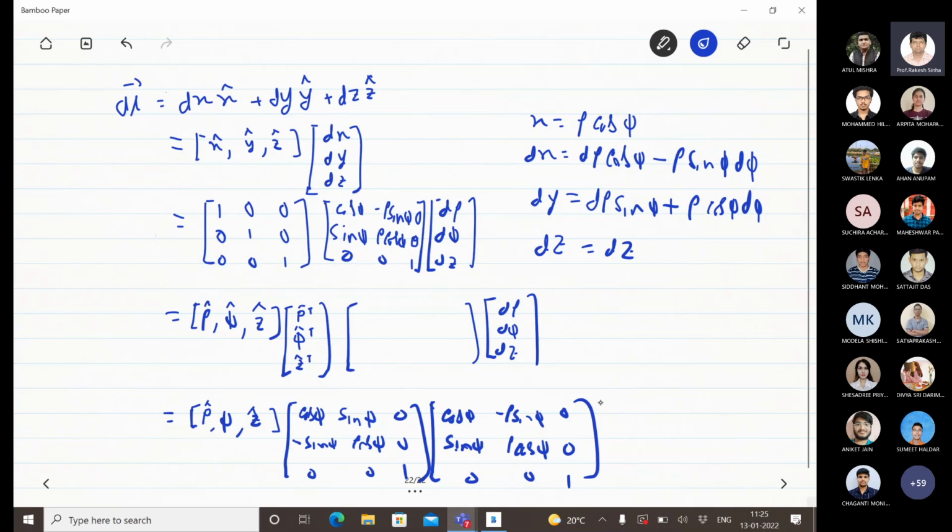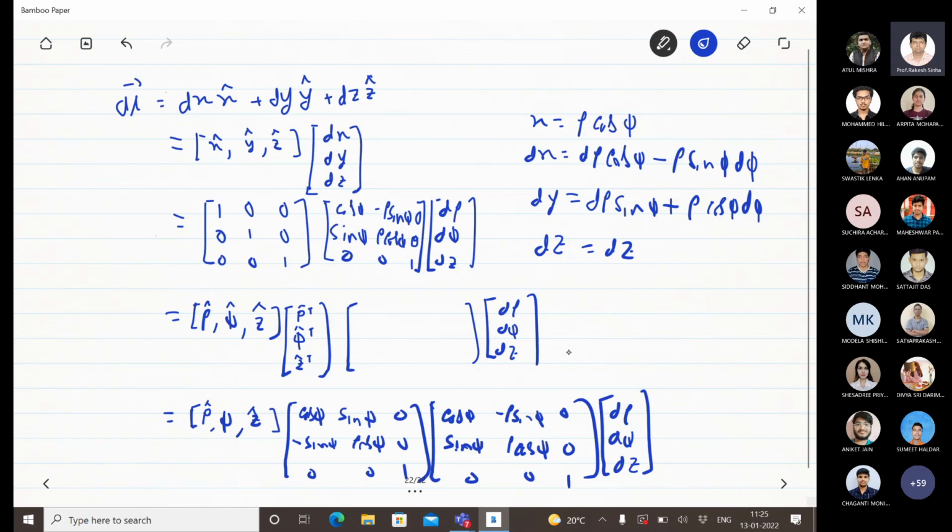Now this multiplies the differential vector d rho, d phi, dz. If you do this multiplication, what will happen? If I multiply this row with this column, what is the product? 1.